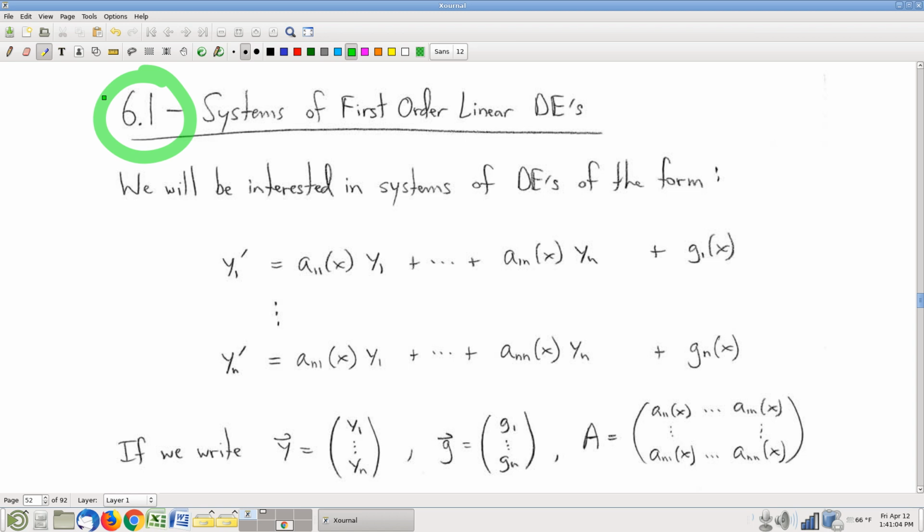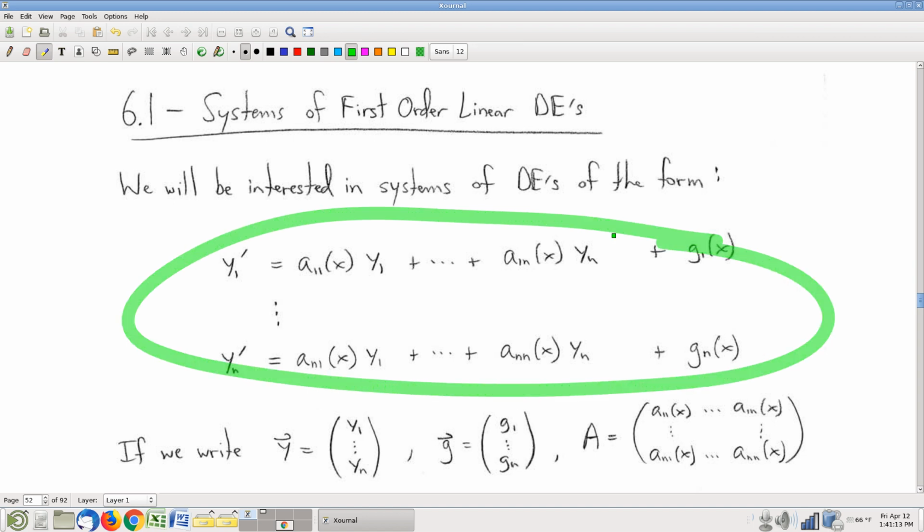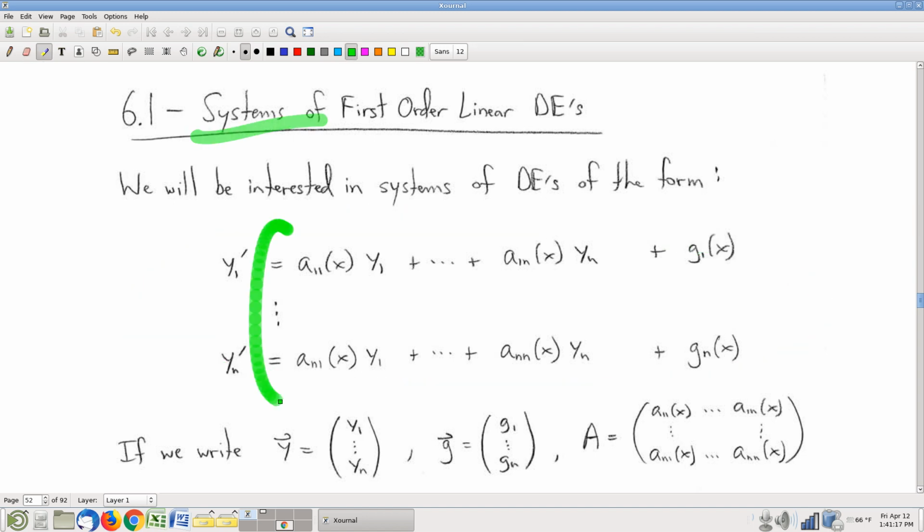These are called systems of first-order linear differential equations. Like this. So systems because there's a bunch of equations. This is not just a single equation. First order, because there's only one derivative.